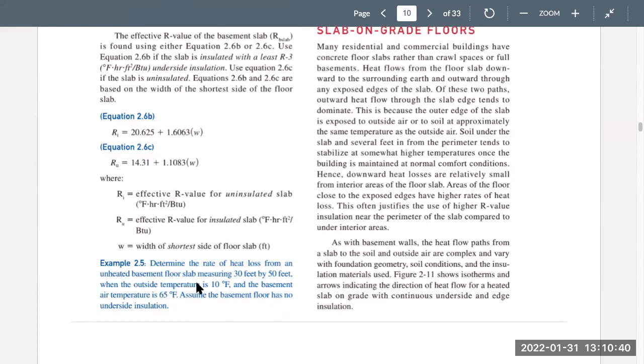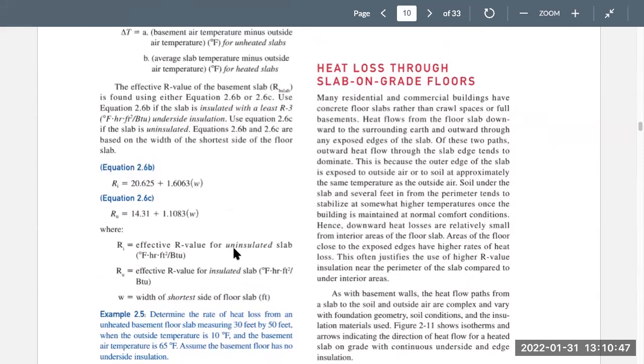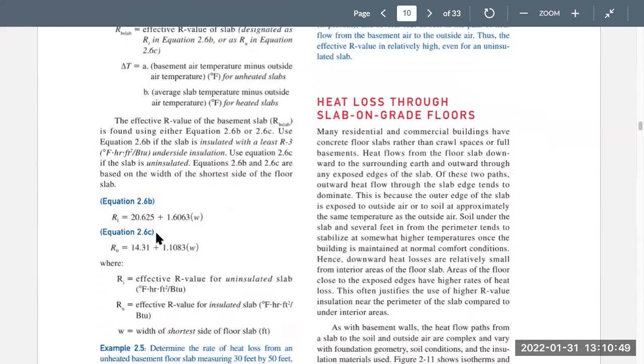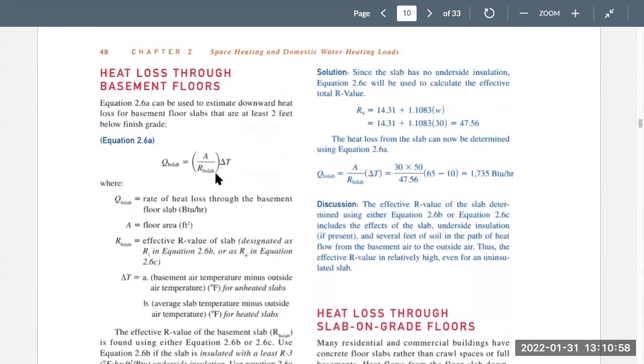We look at the temperature differential. It's 10 degrees outside, and in the basement, air temperature is 65. So we first need to use this formula here, since we're dealing with an uninsulated and unheated slab. And then we've got to apply this. Since the slab has no underside insulation, equation 2.6 will be used to calculate the effective total R value, which is what we need to put right in here.